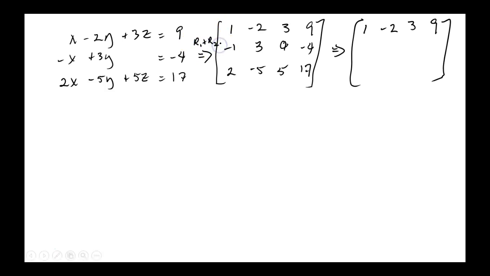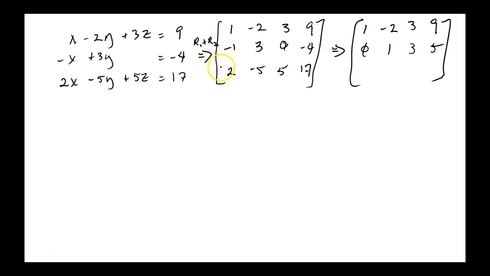That'll make a 0 there, won't it? So what does that give us? 0, 1, 3, 5. Okay? Next thing we want is a 0 beneath that.